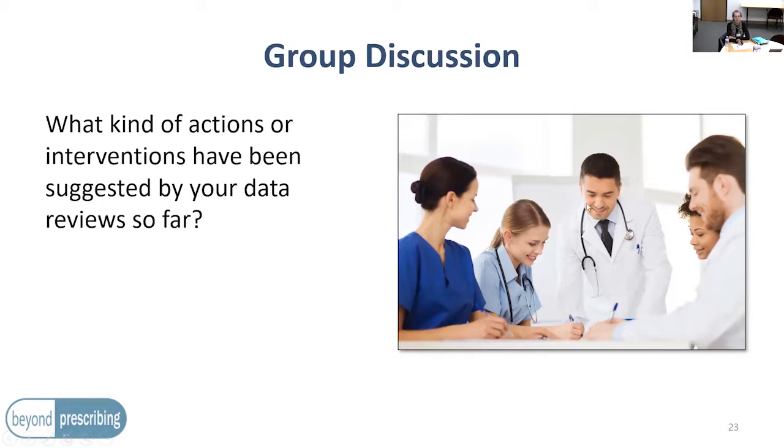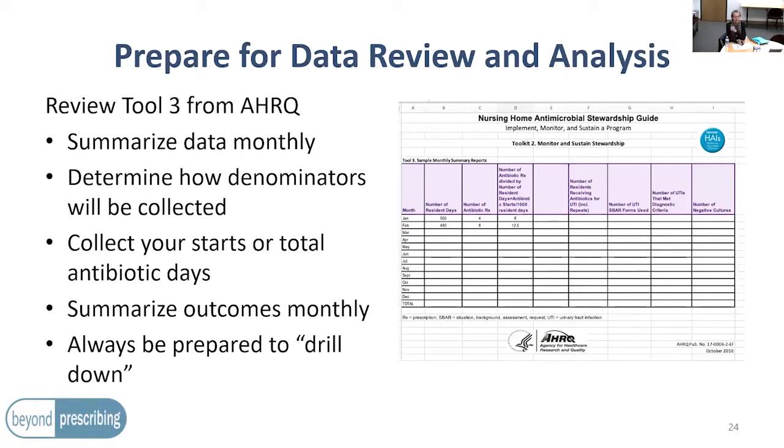So, next slide. Here's a roll-up tool that I modified a little from the AHRQ tool because they didn't really have any numbers in place to show you how this would work. This is going to summarize your data monthly. You're going to have to determine how you collect your denominators on the patient days.